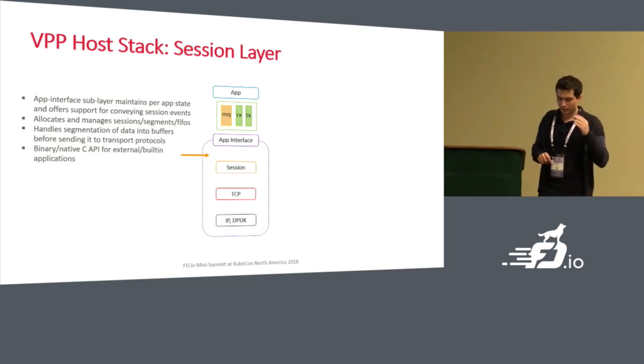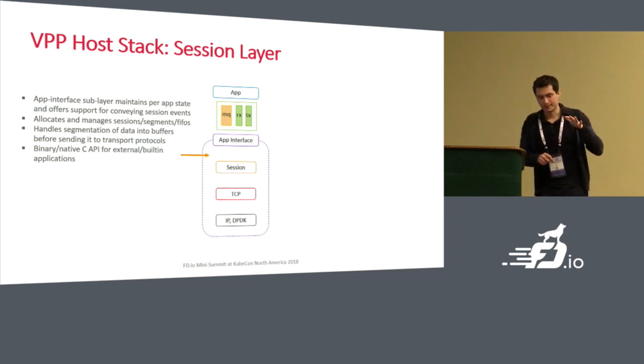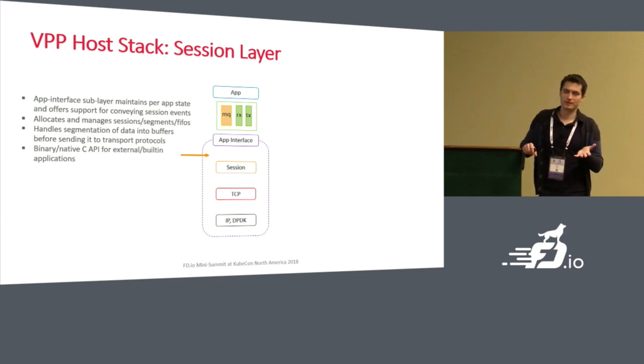And finally, northbound, the app interface has two APIs. It has a native C API for VPP built-in applications, and it also has a binary API for external applications that want to use VPP.